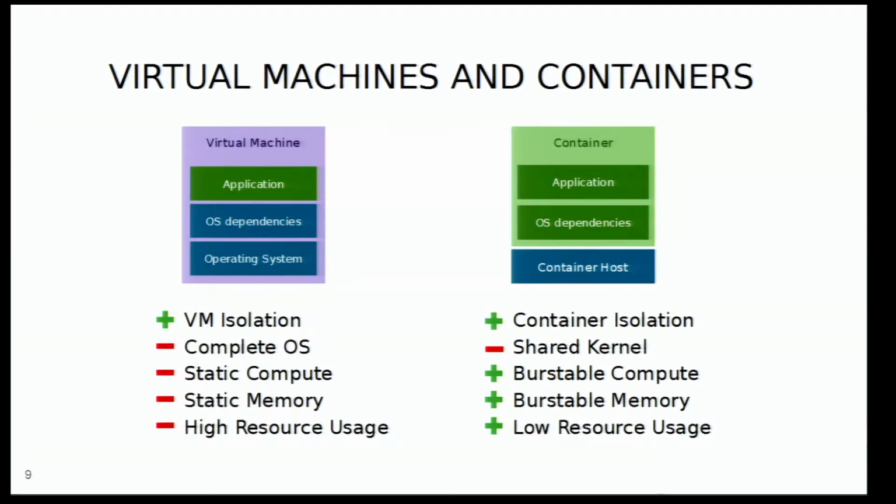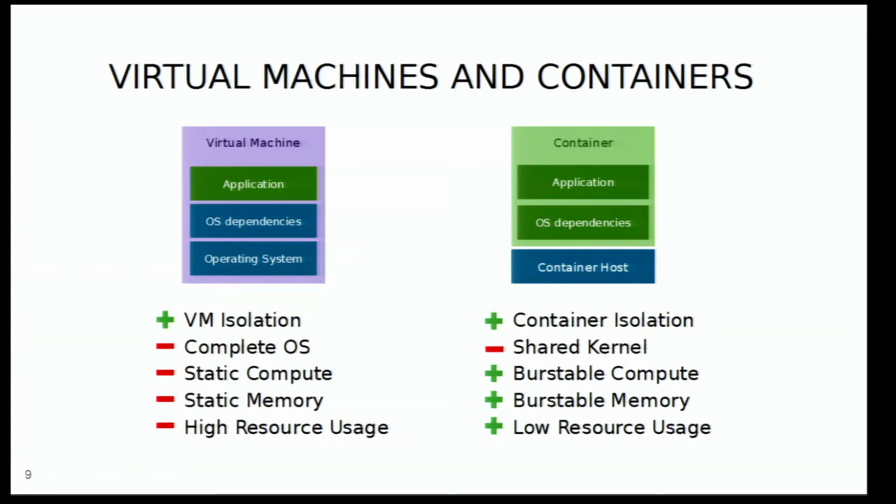From a virtual machine perspective, what you're getting is excellent isolation. You have your own operating system within a hypervisor, so you get your own kernel, your own packages and everything, right? But when it comes to containers, you're basically utilizing the common kernel on your host. So you get container level isolation, which really means all the security is being managed by things like SELinux. Cgroups come into play for how you use your resources.